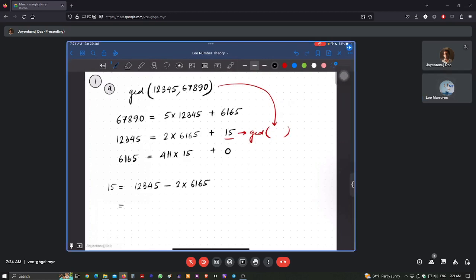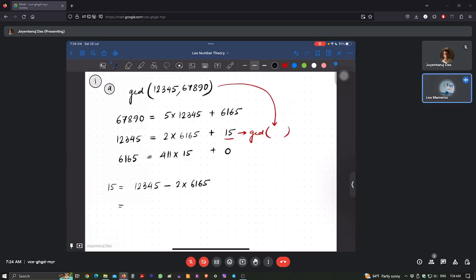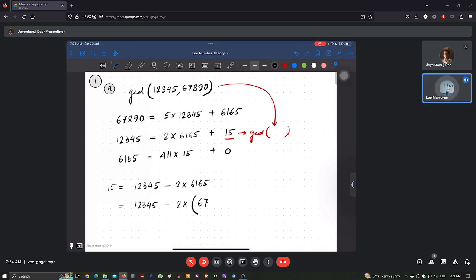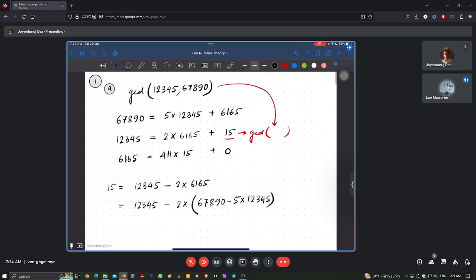So 15 would be the 5 minus 2 times the next, and then we have to replace the remainder with the earlier equation.